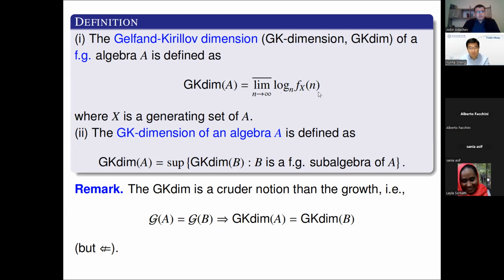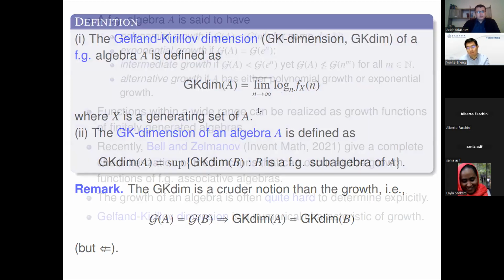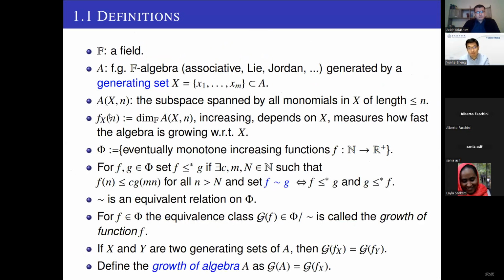Recall that this function, where X is a generating set of A. So let me go back. What is f_X here? f_X(n) is the dimension of A_X^n, and A_X^n is the subspace spanned by all monomials in X of length less than or equal to n.